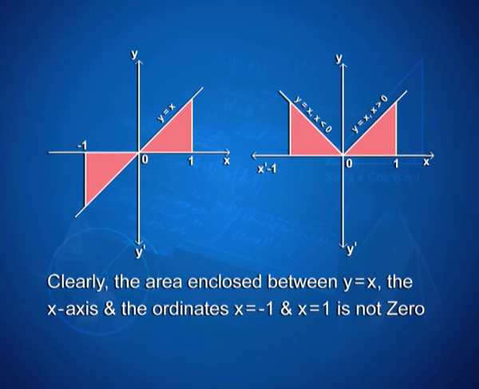Here we can clearly see that the area enclosed between y is equal to x, the x axis and the ordinates x is equal to minus 1 and x is equal to 1 is not 0.